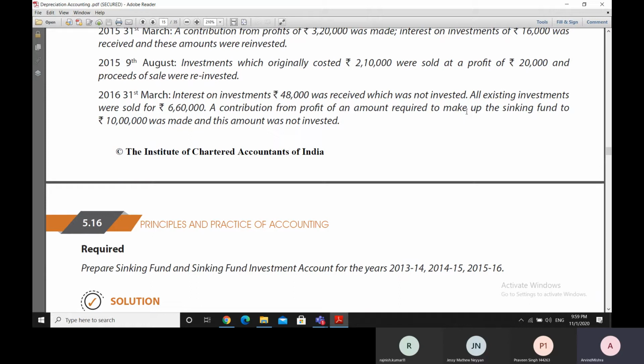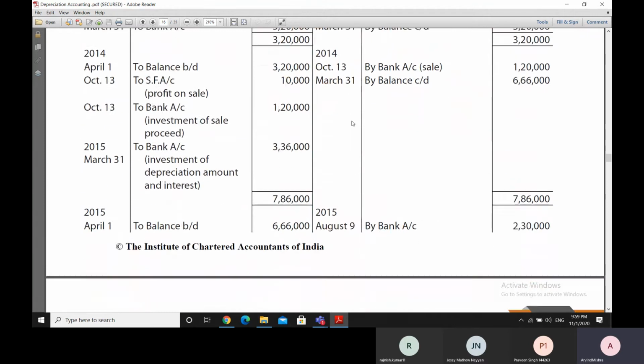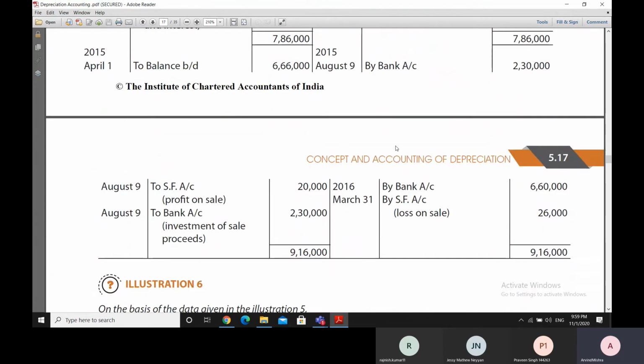So all the existing investments were sold for 6,60,000 rupees, and thereby we got 6,60,000 rupees on the sale of the investments out of the sinking fund investment account, and there we are transferring that into the bank account.